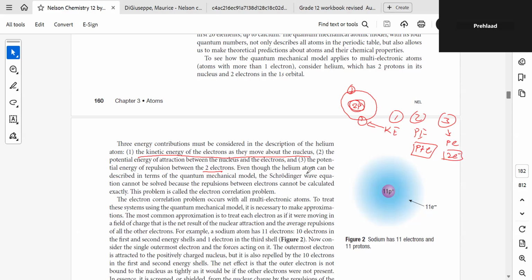Even though the helium atom can be described in terms of the quantum mechanical model, the Schrodinger wave equation cannot be solved because the repulsion between the electrons cannot be calculated exactly. This problem is called the electron correlation problem.